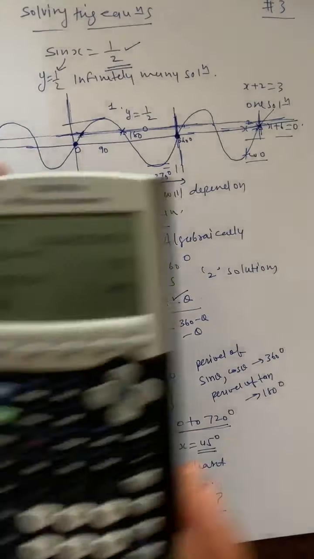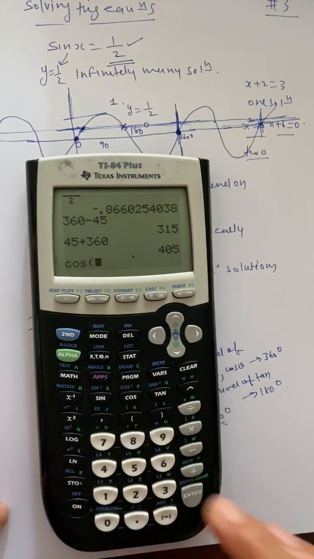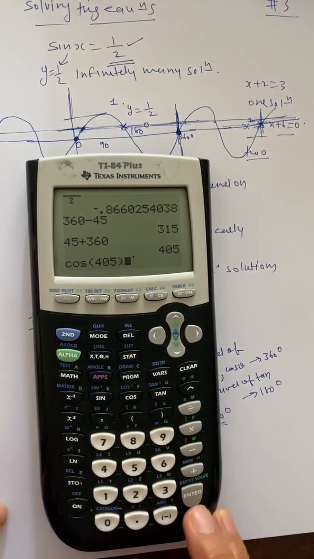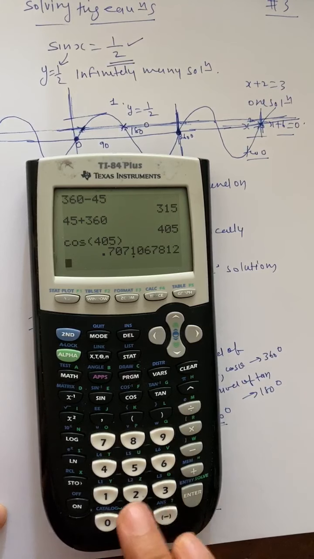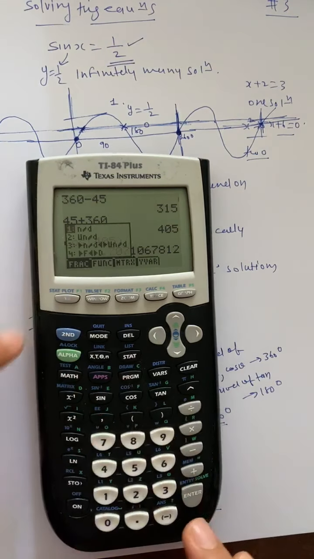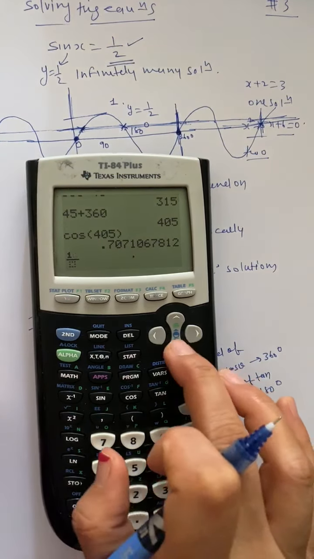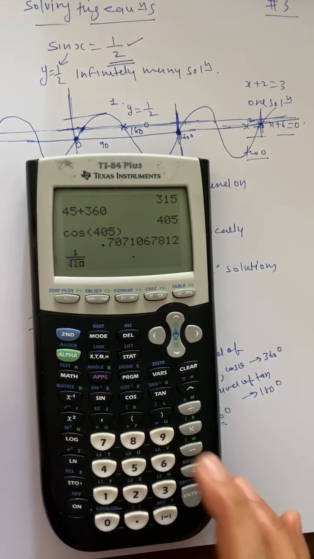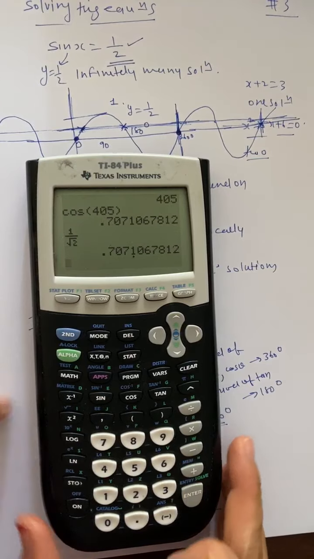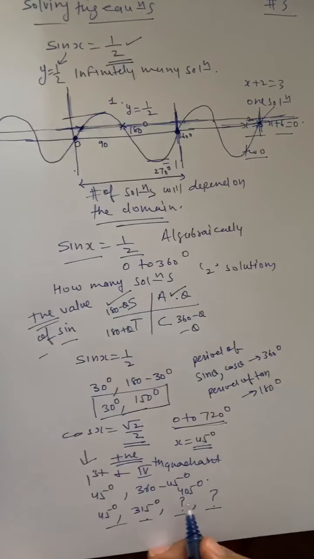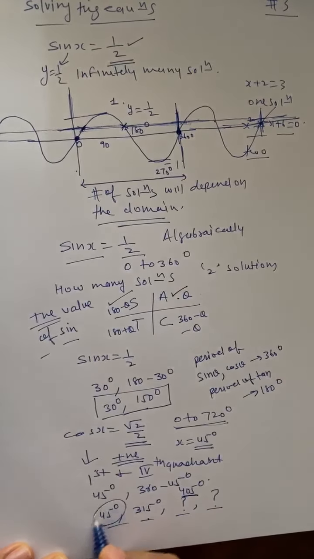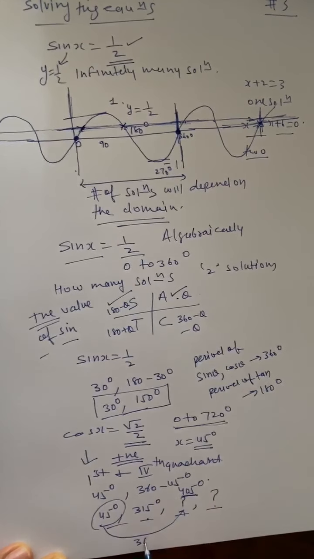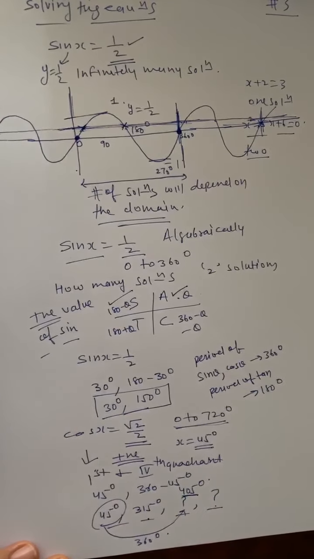If I do cos 405, then I will get 0.707, and if I do 1 divided by square root of 2, do I get the same value? Yes. So 405. And how did I find this value? I simply added 360 to 45 degrees.